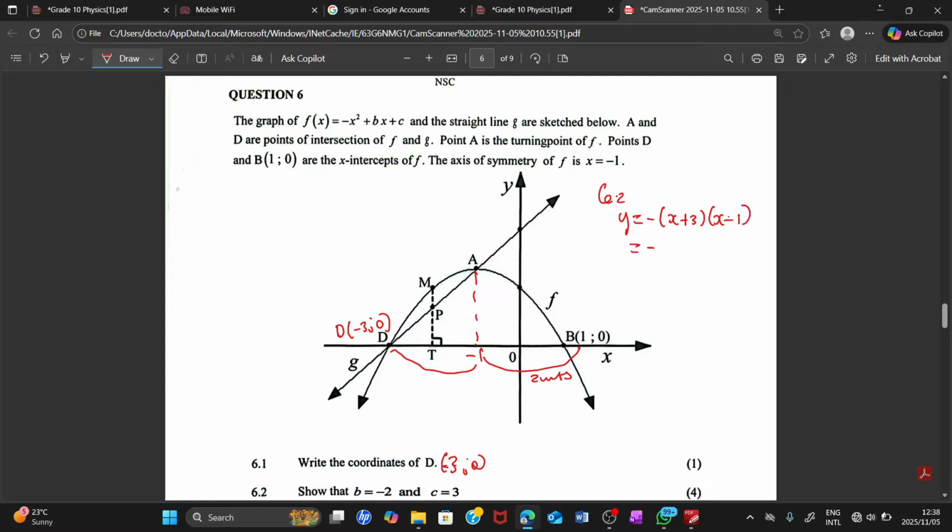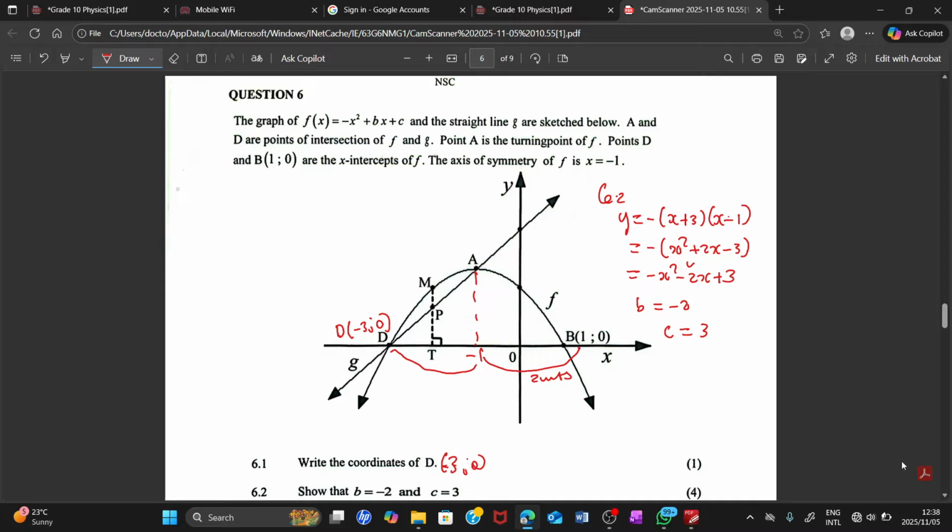Then we want to expand this. It's x squared plus 2x minus 3, and then it will be minus x squared minus 2x plus 3. You can all see that b is minus 2 here, and c is positive 3. That is how you answer this question without having any problem.